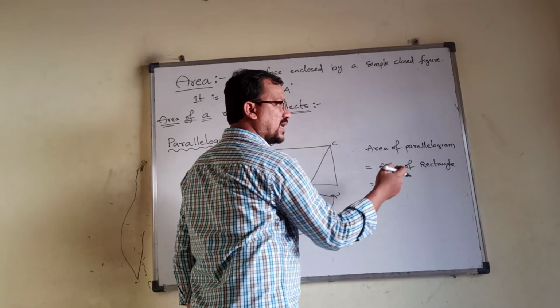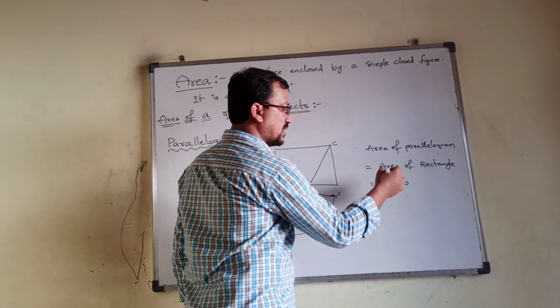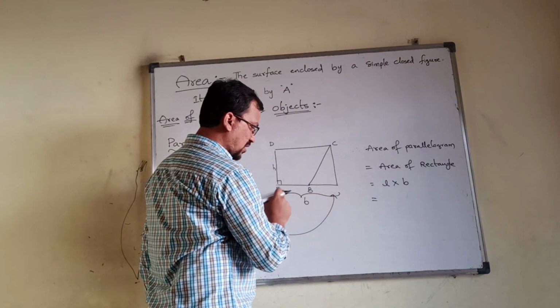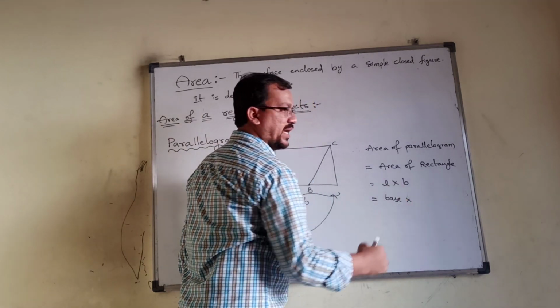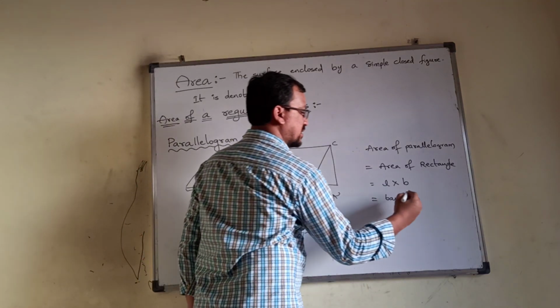We know the area of the rectangle is the length into breadth. But here, what is the length and what is the breadth? Length is this one, this is the base over here. Length will be taken as the base, and the breadth will be taken as the height.